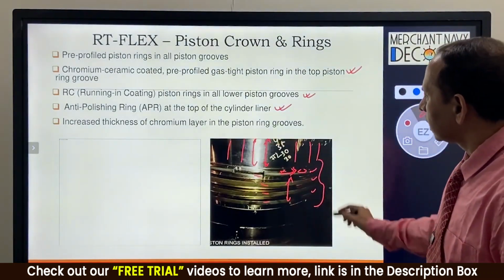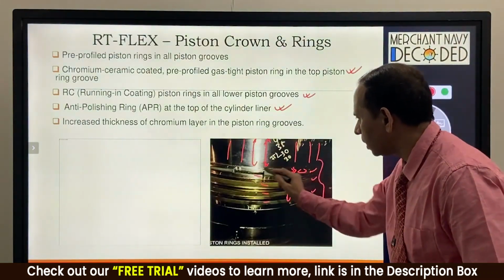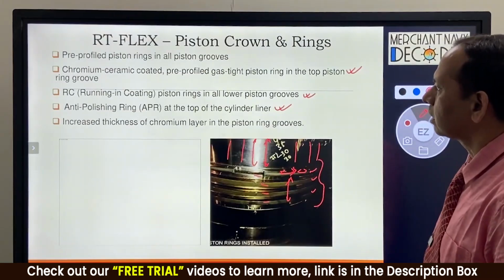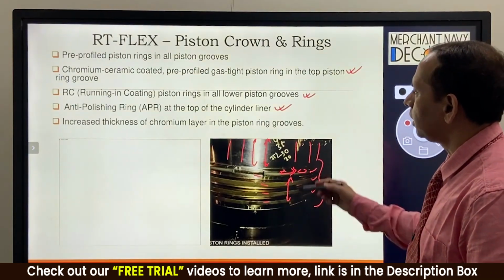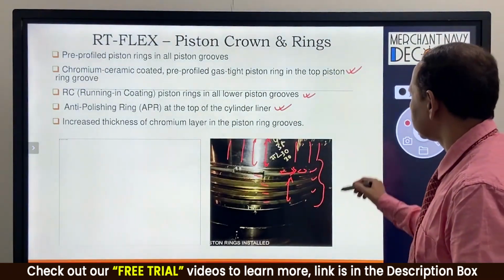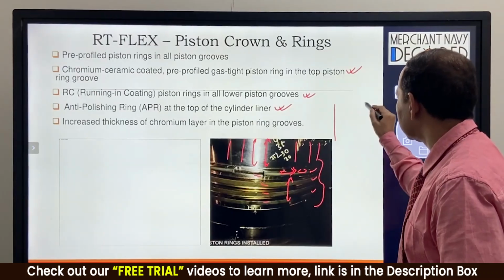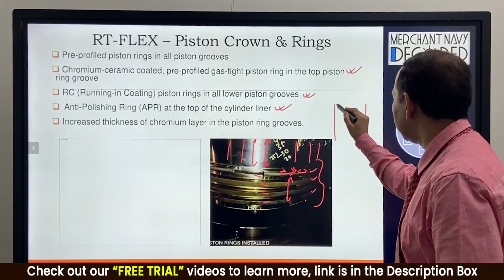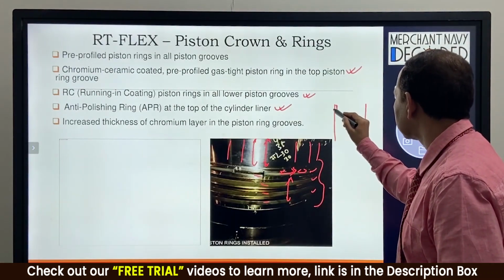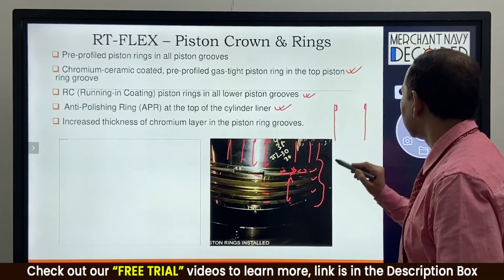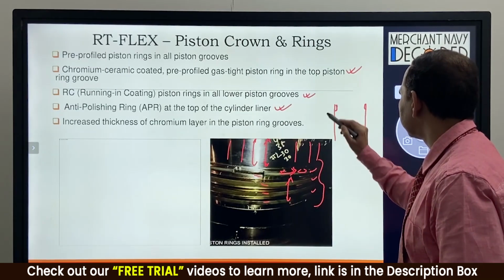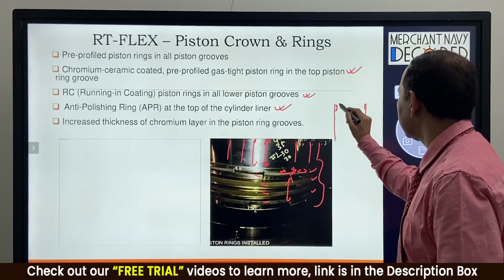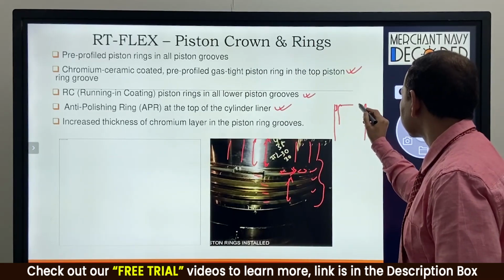That is why cleaning this part is extremely important in the designer's mind, and that is how they have introduced the new anti-polishing ring. This anti-polishing ring is a little bit undersized relative to the liner bore, but it is definitely going to give a clear passage to the piston.